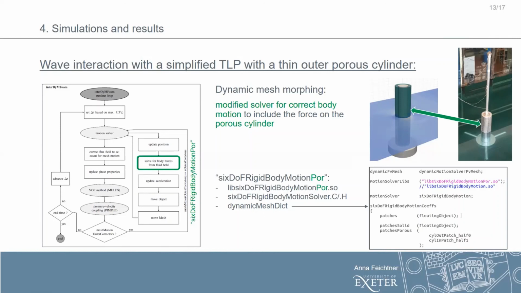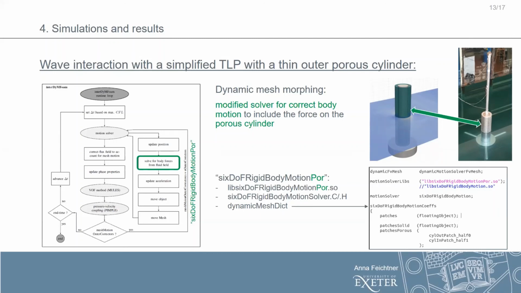I had to modify the solver to account for the force on the porous part of the structure. Therefore, the force on this porous part by means of a pressure drop difference is applied into the motion solver bits of the code.